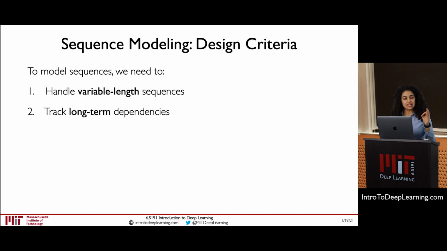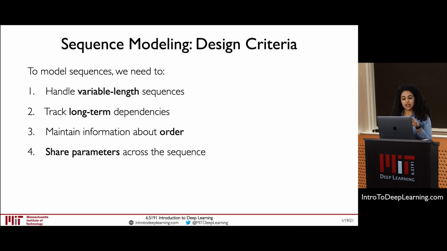We also need this critical property of being able to track long-term dependencies in the data and to have a notion of memory. Associated with that is also the ability to have a sense of order, and a sense of how things that occur earlier on in the sequence affect what's going to occur later on.